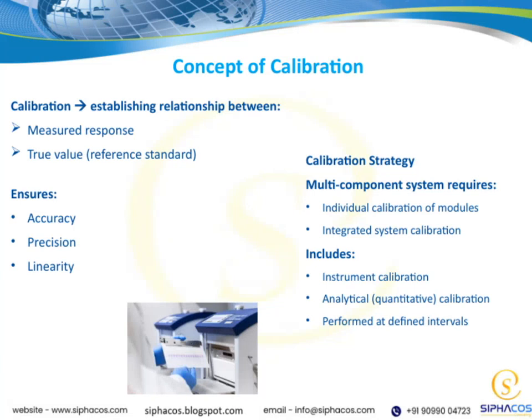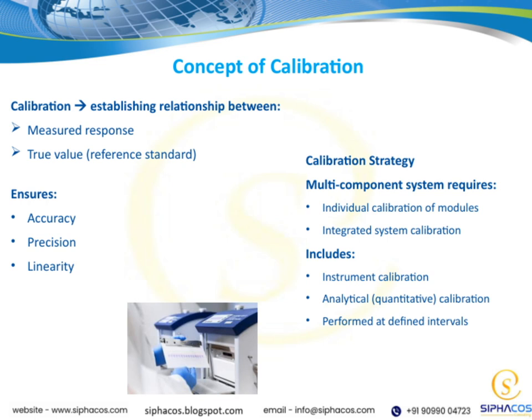Let's take a closer look at our calibration strategy. Since we're dealing with a multi-component system, it's essential to calibrate each module individually to ensure that every part is accurate on its own. But that's not enough. We also need to perform an integrated system calibration to make sure all components work together seamlessly.